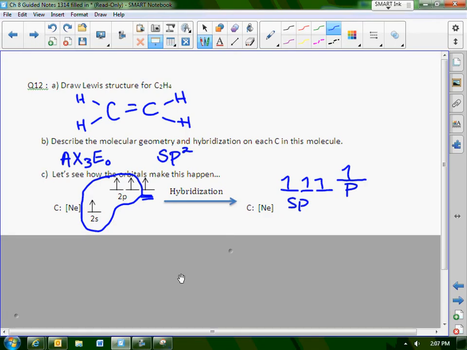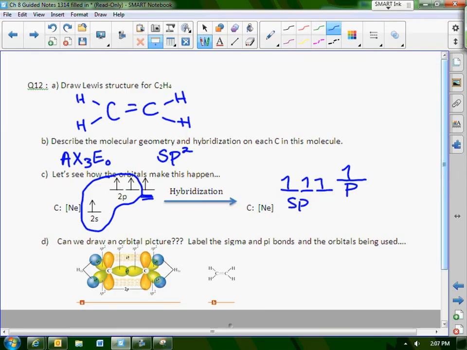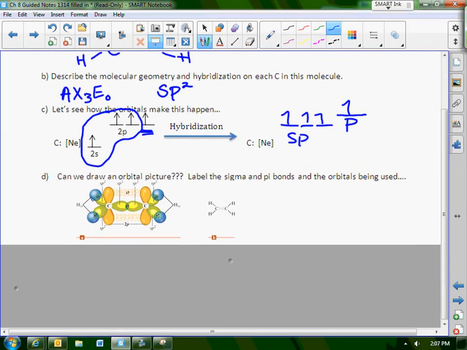So it says, can we draw an orbital picture? Well, I have a diagram here of the orbital picture, and you can zoom in if you want to. But here's the deal. Remember, we've got this guy right here. This is a hybridized C, this is a hybridized C, and this is a hybridized C. The ones that I colored in blue are the sp2 hybridized electrons here, okay? And then the vertical ones are the pi bonds.